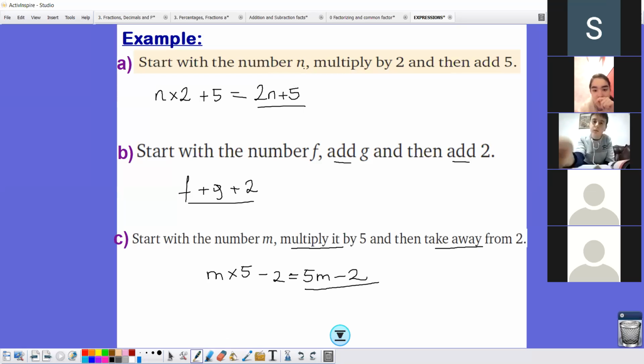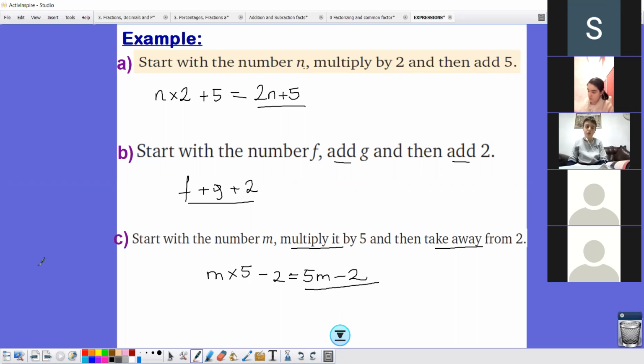Teacher, in C, why didn't you write 3m? Isn't it the result? No, there is no result here. You cannot subtract because m is an unknown number. Think like this: this m is a value, a number, but we don't know it for now.